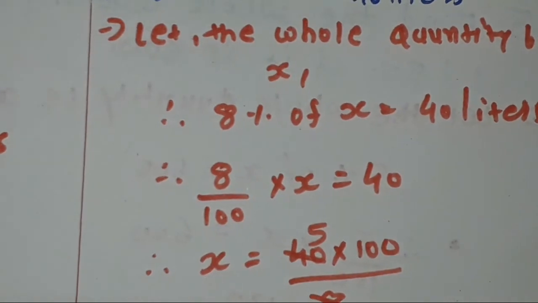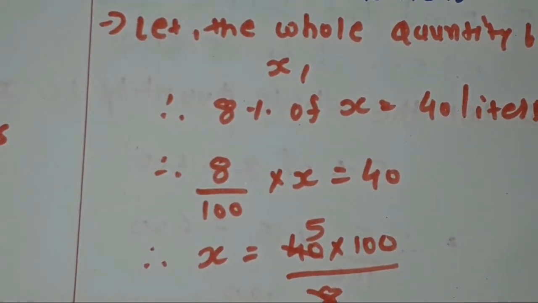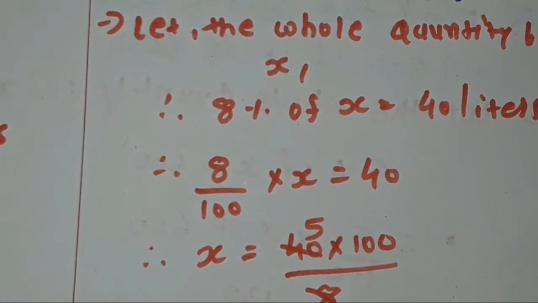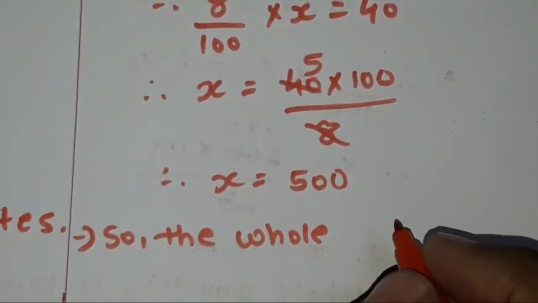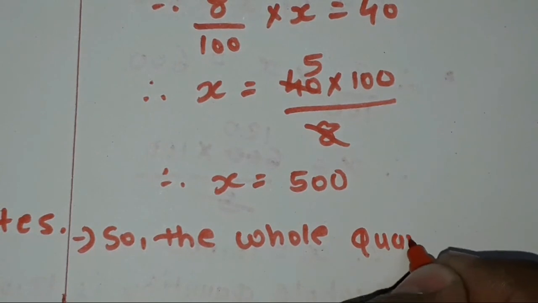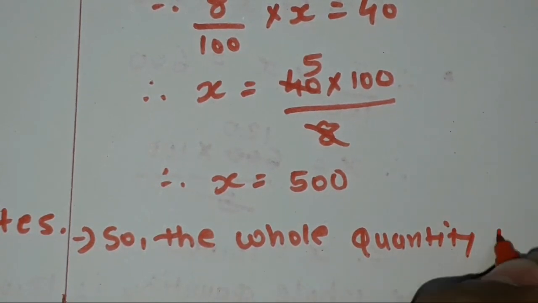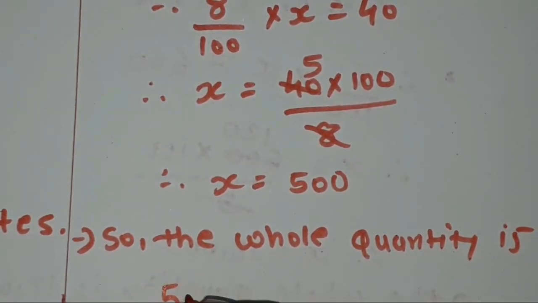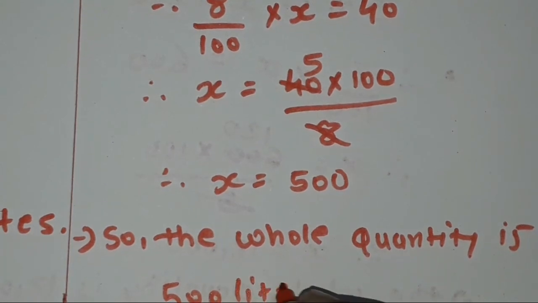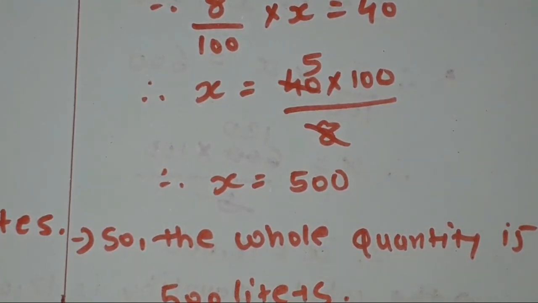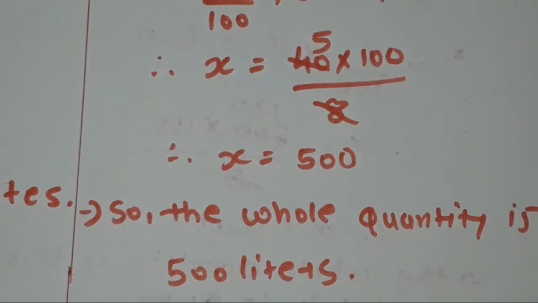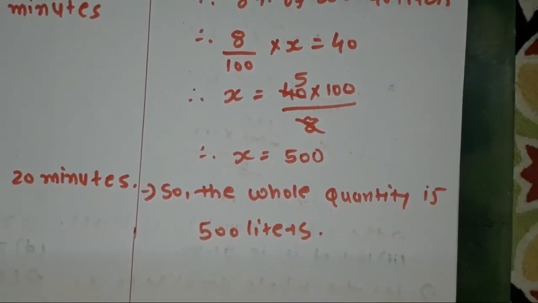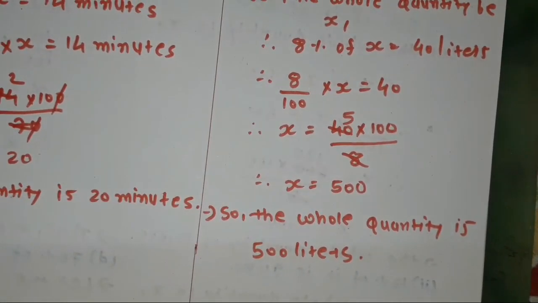That means at last we can write that the whole quantity is 500 liters, because here the unit is given and the quantity is in liters. So this is how we have to solve this type of questions.